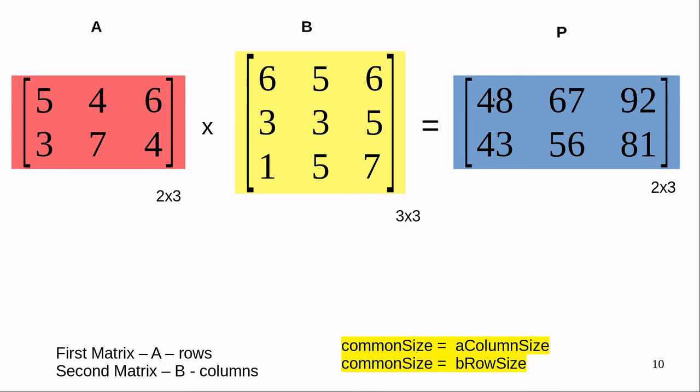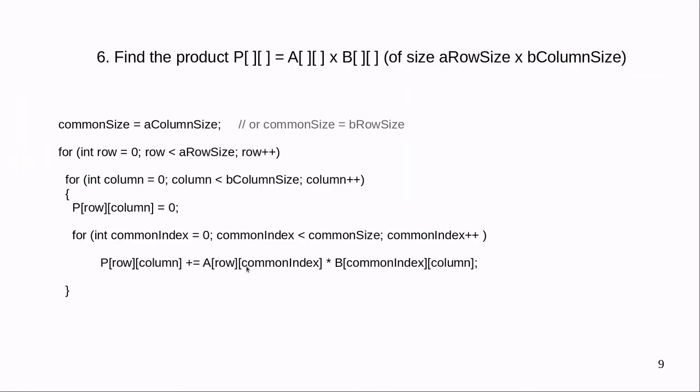With 12 we add 30 and we get 42, and with 42 we again add 6 into 1, that is 42 plus 6, which is 48. So we have to do 3 multiplications, and each of these products is added consecutively to the value that is stored in this particular position.